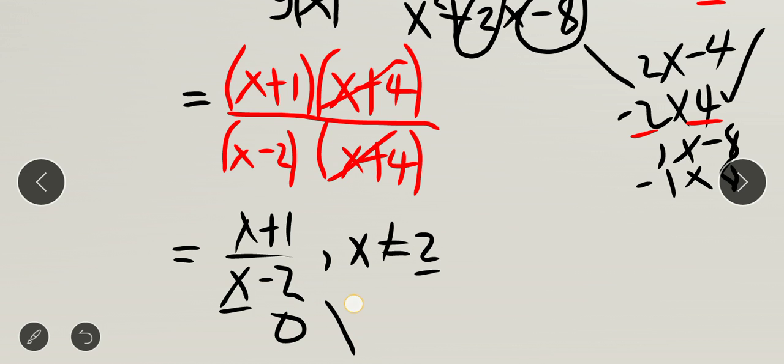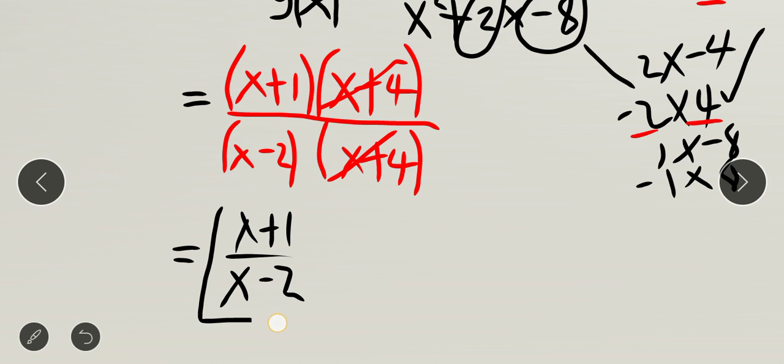And we have to avoid that. Now, you can actually write it as this. This is now your answer. Or it's fine if you will not be writing the restriction anymore, because it is understandable that our denominator should not be equal to 0 according to our definition that we defined a while ago.